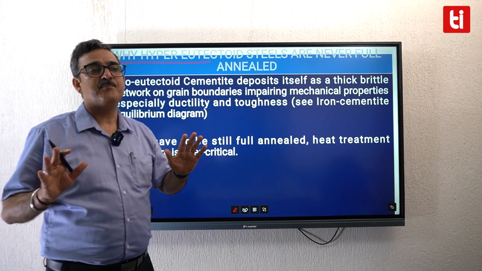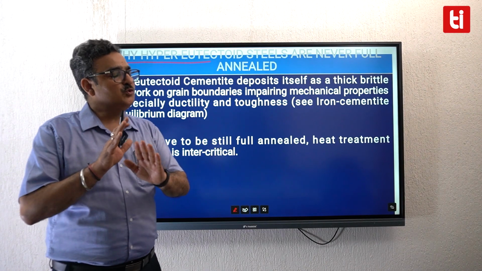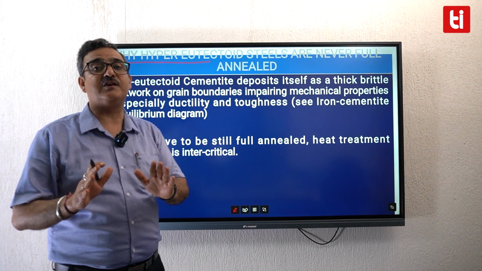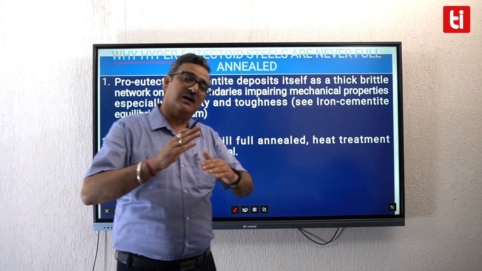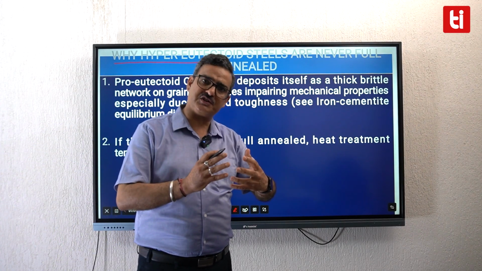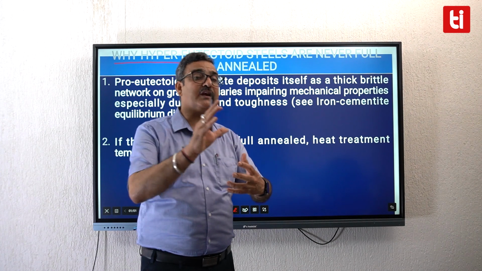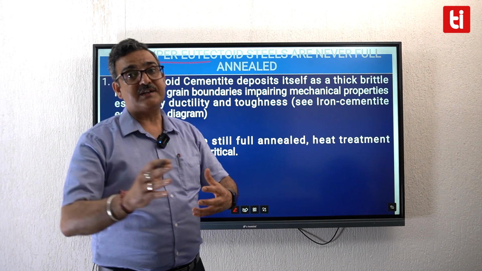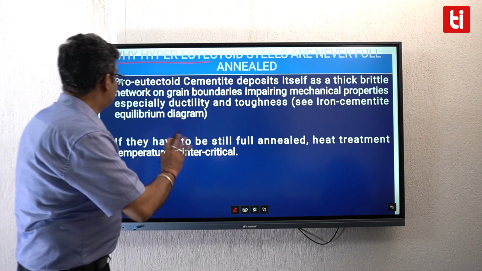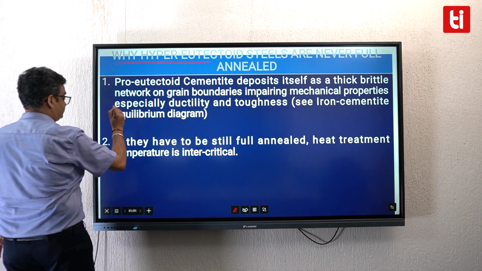So ideally, practically also, you should not give full annealing treatment to hypereutectoid steels because the room temperature microstructure will consist of perlite, जो austenite की decomposition से बनेगा, लेकिन साथ में pro-eutectoid cementite grain boundaries पर बैठा होगा जो सारी mechanical properties को impair कर देगा. So it should not be given.